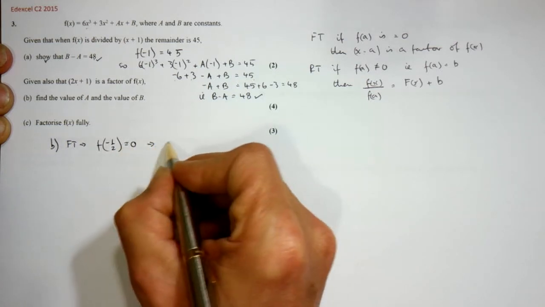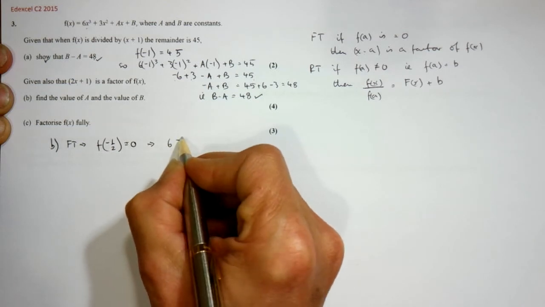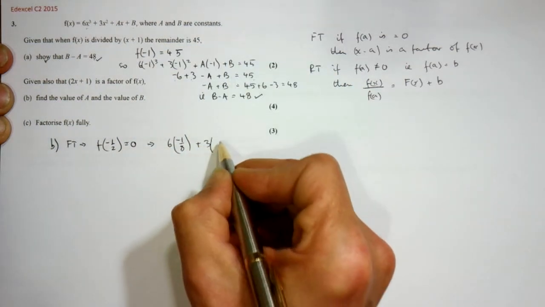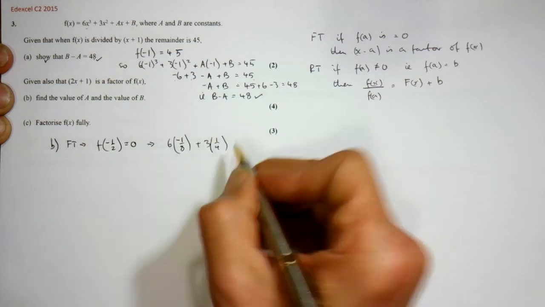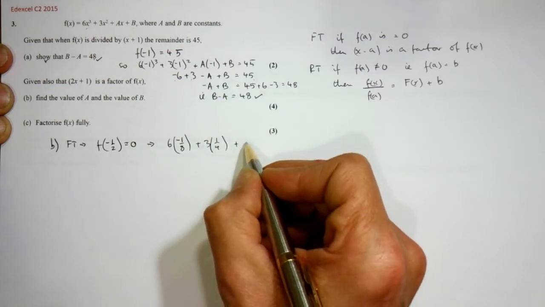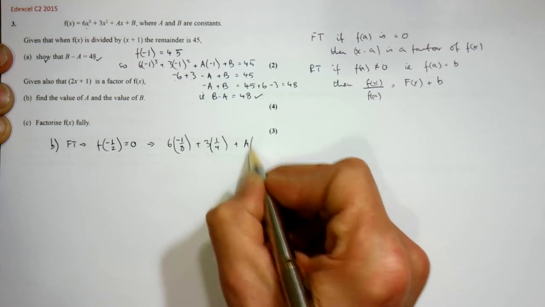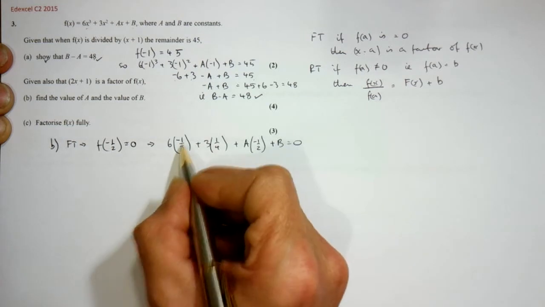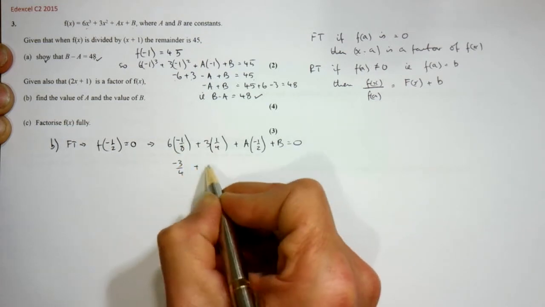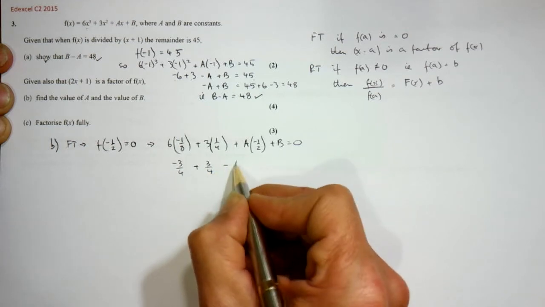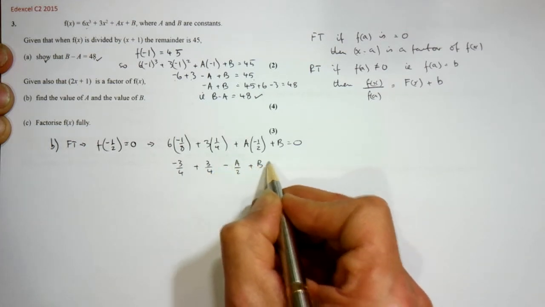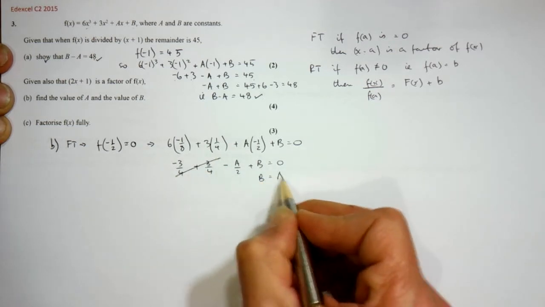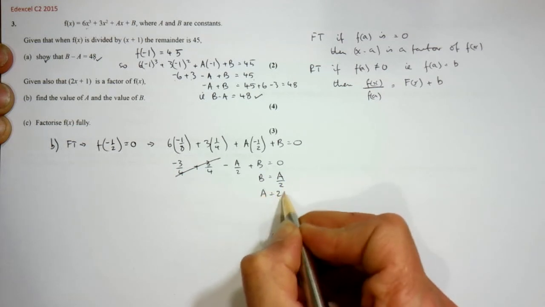So 6 lots of minus an eighth, which is minus a half cubed, plus 3 lots of a quarter, which is minus half squared, plus a times minus a half, plus b equals nothing. So this is minus 3/4 plus 3/4, take away a by 2, plus b equals nothing. So b is equal to a over 2, so a equals 2b.